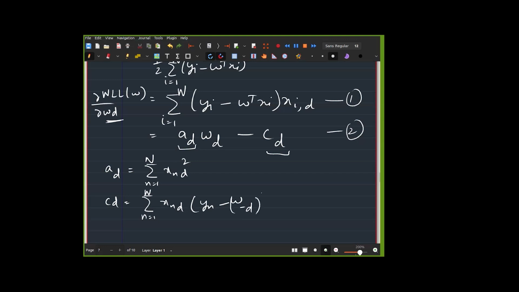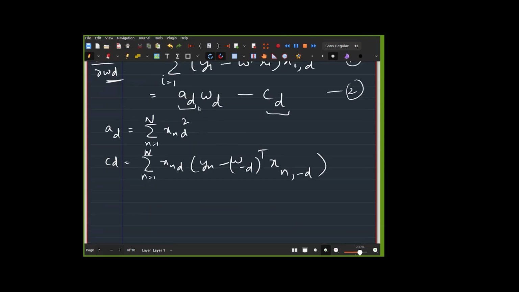So this is also a vector transpose x_n,minus-d. Basically, I just remove the same dimension which I removed from this W vector. So this is my C. And if you substitute it back, you'll see that it works.